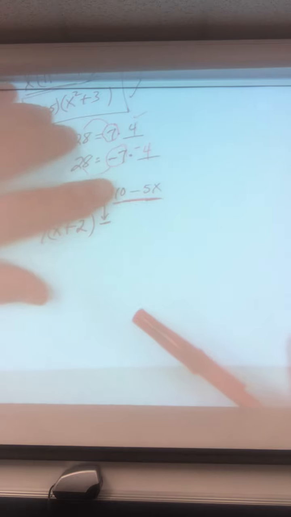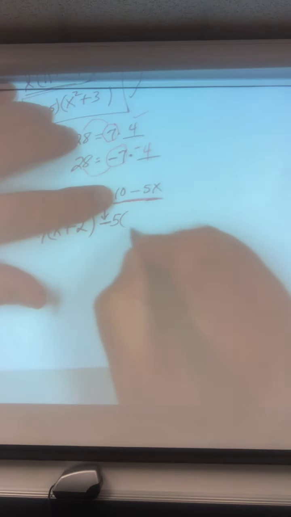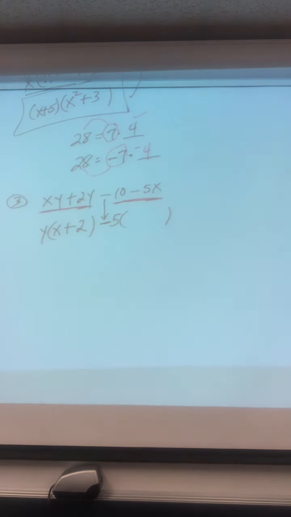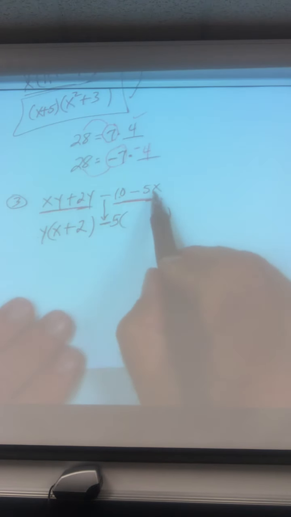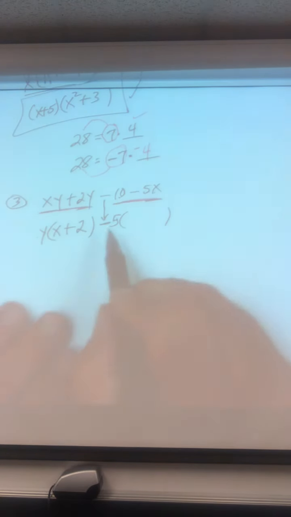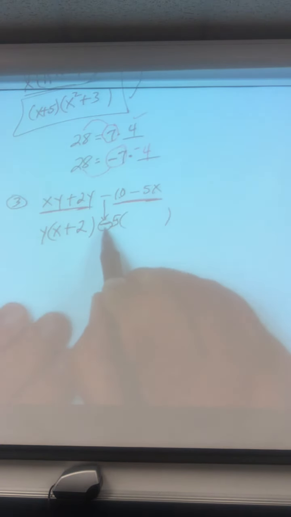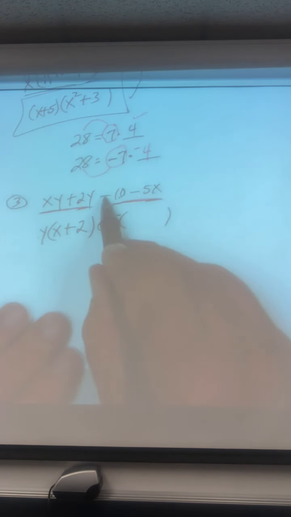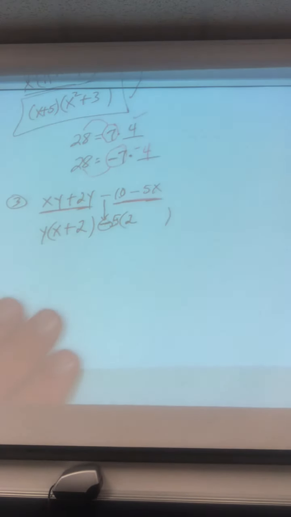Now, what's the GCF in the next group? 10 minus 5x. Well, 5 goes into both of these. Now, this is where you have to be careful. Because right here, when you divide 5 into both of these, don't forget that it's not really 5, it's what? Negative 5. So if you say negative 5 into negative 10, that's a plus 2, not a negative 2.